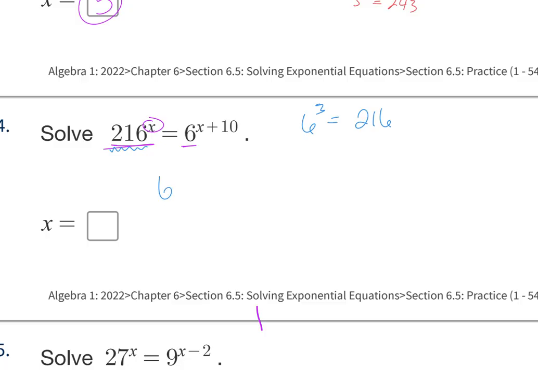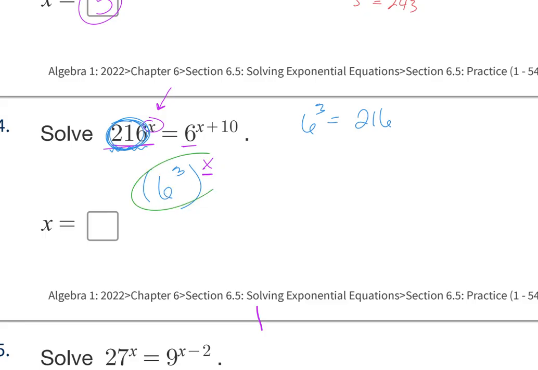And so what we're going to get is 6 to the 3rd power, because that's 216, like I just said, and that's going to be raised to the x power, because the x was affecting 216. Well, this is 216, just written in a different way.